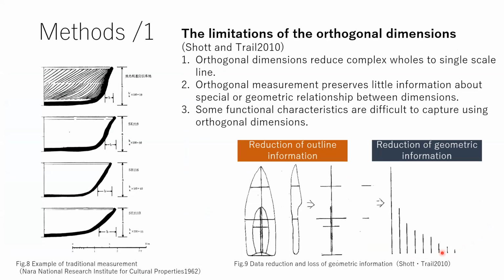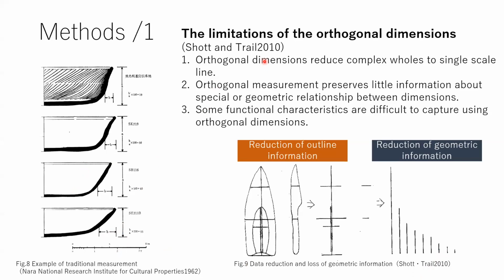To compare and measure the similarity of pottery, previous studies routinely use ratios of measurements of orthogonal sections. For example, figure 8 shows the way of traditional measurement employed by Japanese archaeologists. Despite its simplicity, this standard method has limitations. Shott and Trail pointed out three shortcomings.